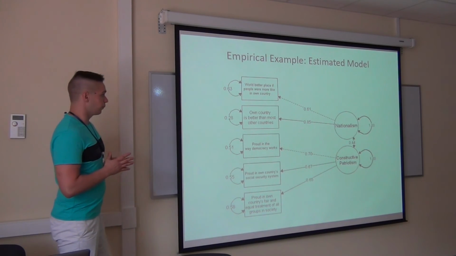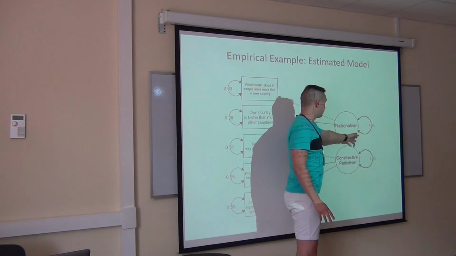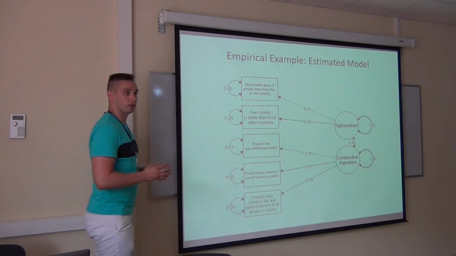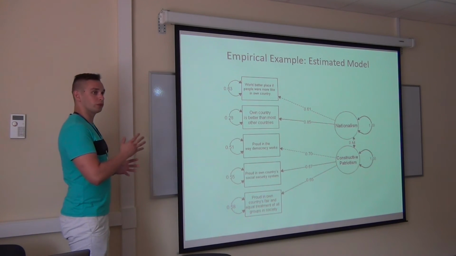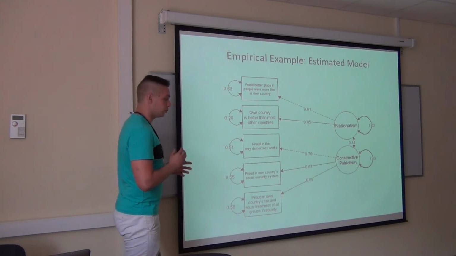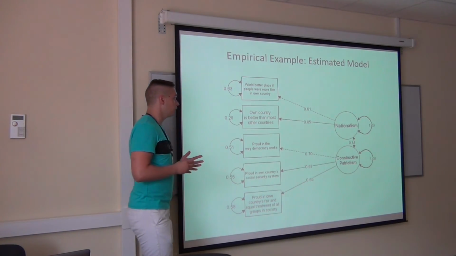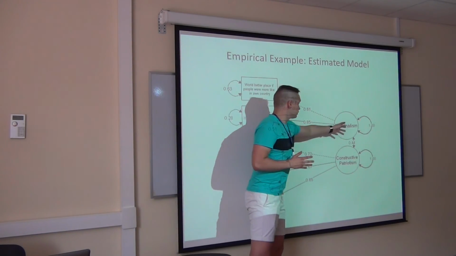Here you see that latent variances are equal to 1. Actually, it is a result of standardization. We can use different approaches to standardize our model, but the most popular is to fix the latent variances.